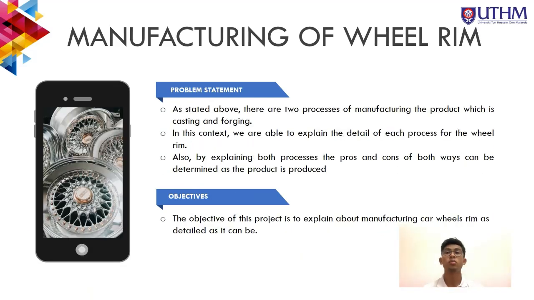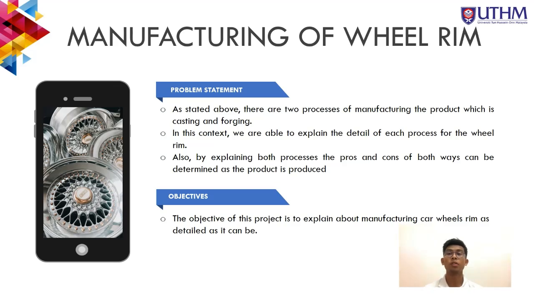Next, we go to the problem statement of this project. As stated above, there are two processes of manufacturing the product, which are casting and forging. In this context, we are able to explain the detail of each process for the wheel rim, which will give every detail of both manufacturing processes, casting and forging.